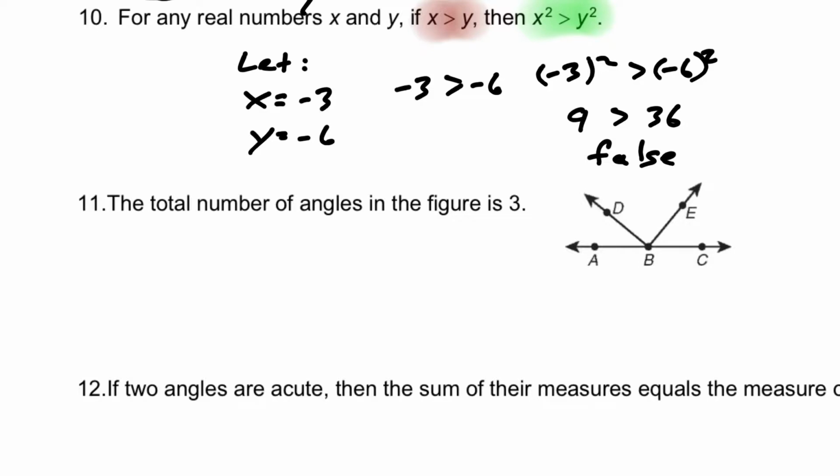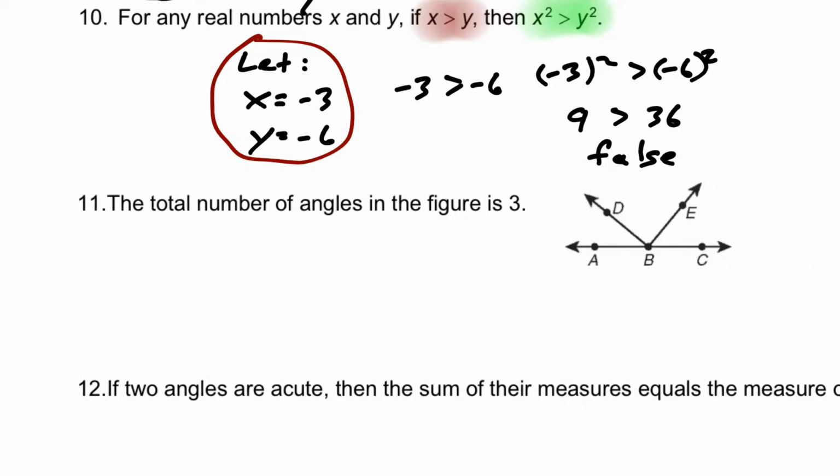So my counterexample is right here. That's one case where x and y are real numbers that make the red part of the statement true and the green part of the statement false. So that is my counterexample. This proves that my conjecture in number 10 is false.